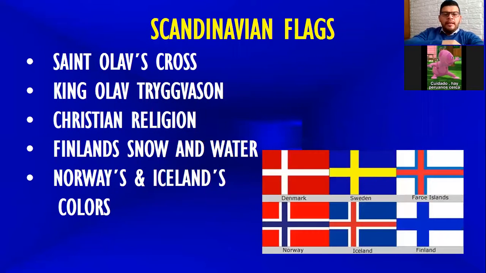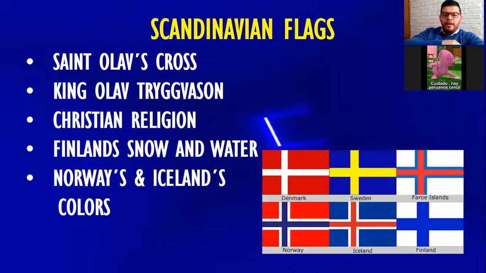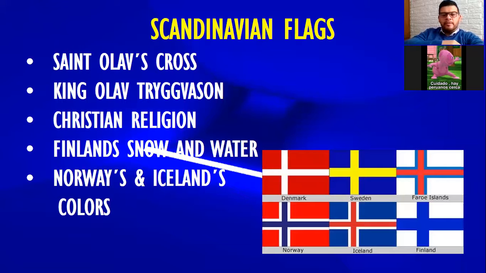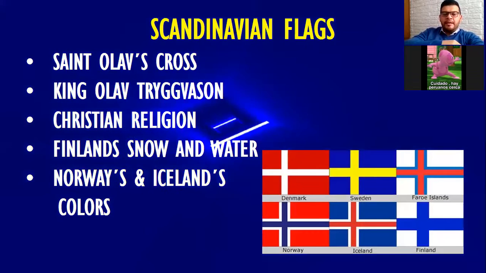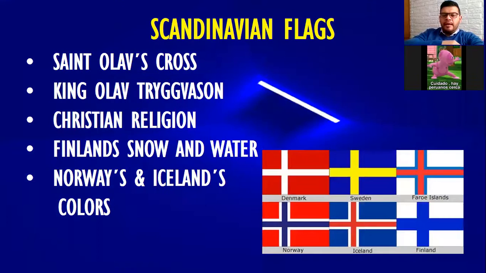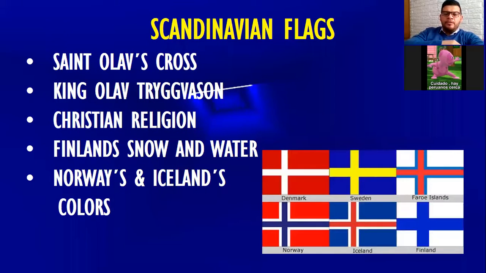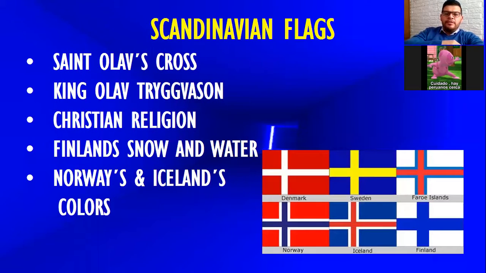Here is the beginning of the presentation. Well, it has been found that there are some flags that look the same, yeah? For example, here in the picture, I am showing you the flags of Denmark, Sweden, Faroe Islands, Norway, Iceland, and Finland. If you notice, all these flags have a cross, yeah? So what's the reason why they have this cross?